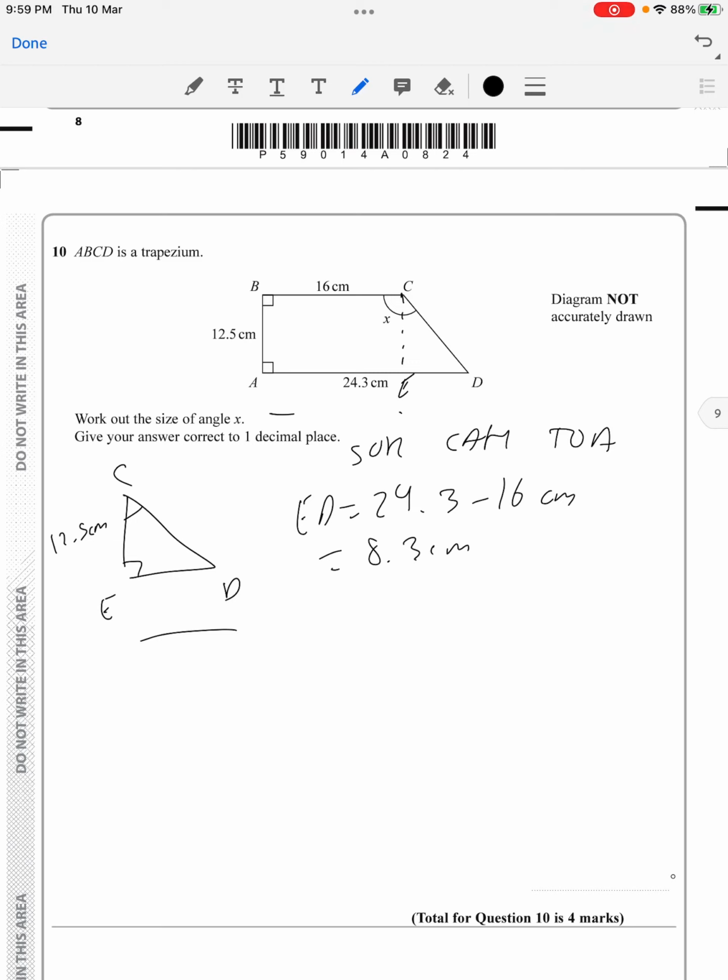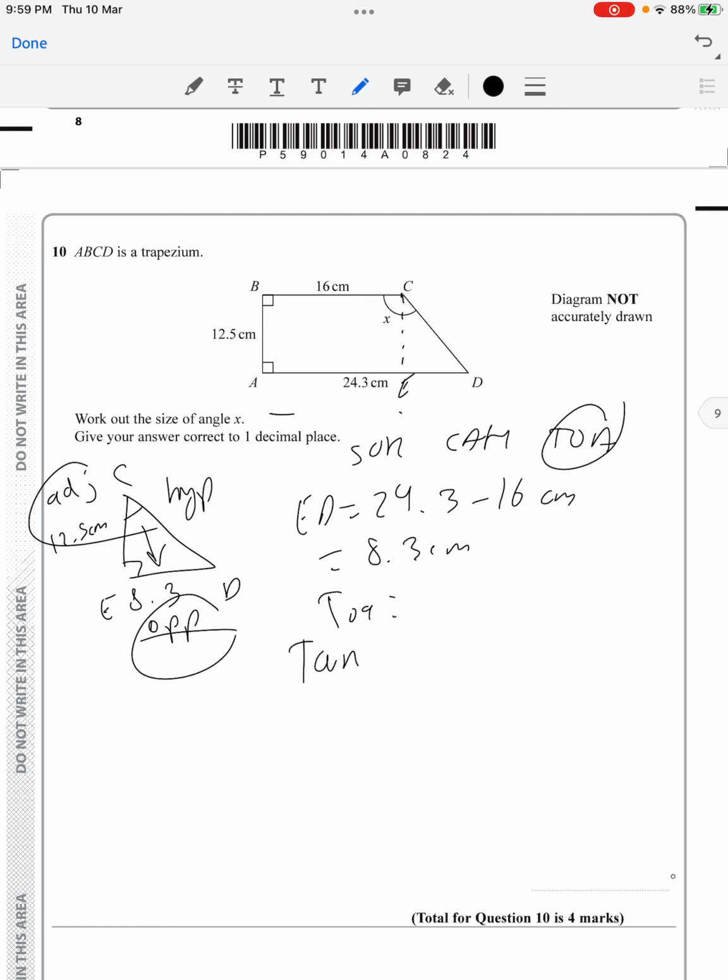So we found ED is 8.3. Now we just use the formula. This should be the opposite. Remember, CD is the hypotenuse, CE is adjacent. So what can you see? You have opposite and adjacent given, so you can use TOA. Tan theta is equal to opposite divided by adjacent.